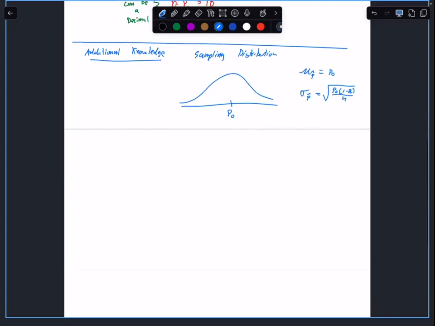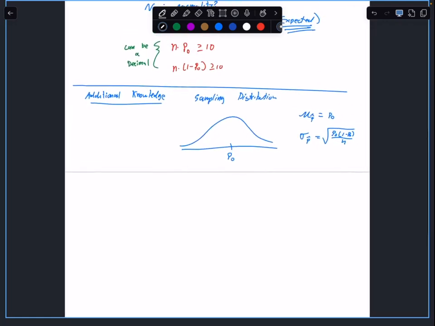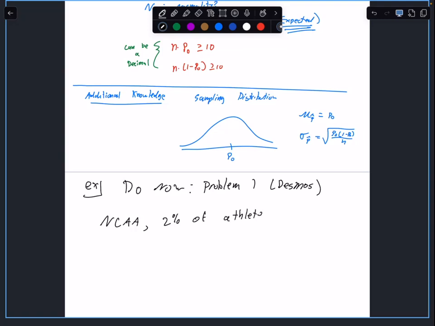All right, let's do an example. For the example, we're going to do the do now problem. So in the do now, which was problem 1, slide 2 from Desmos, it said something along the lines of, in the NCAA, 2% of athletes go pro.